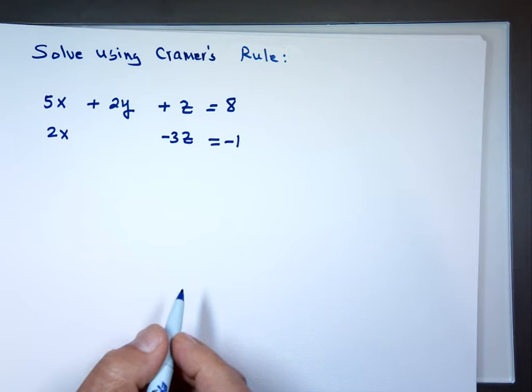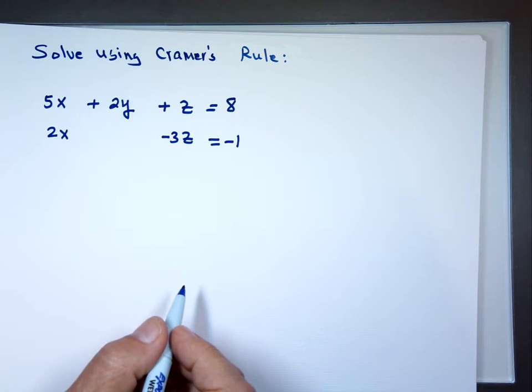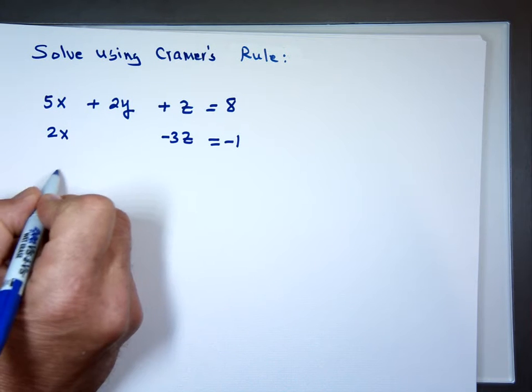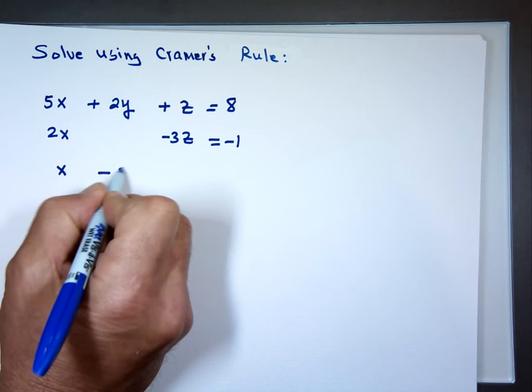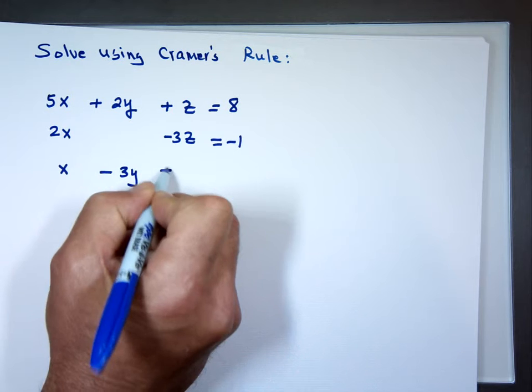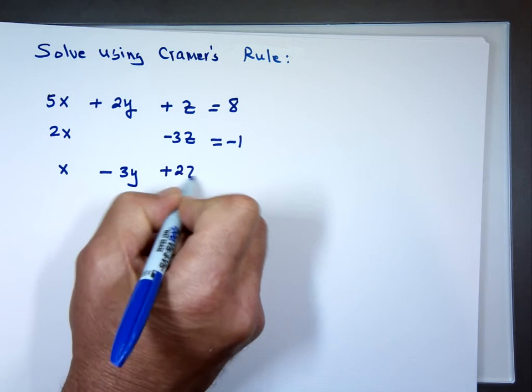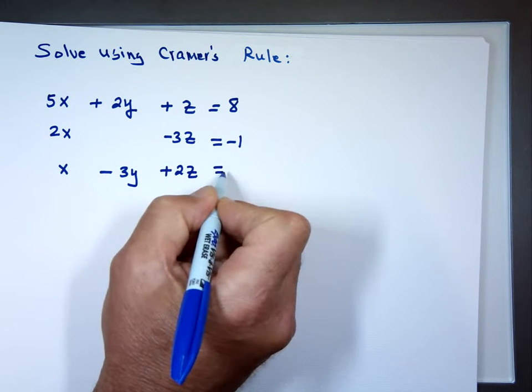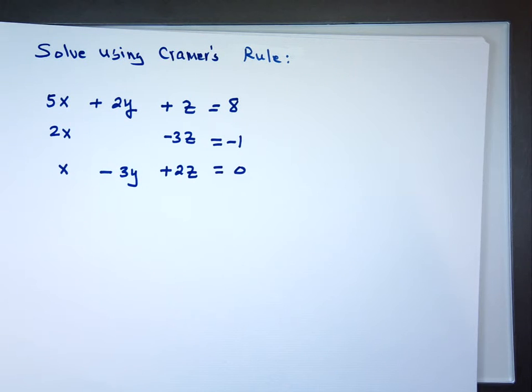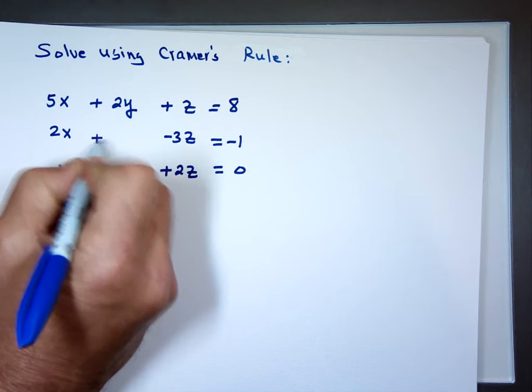I opted not to put a y there. x minus 3y plus 2z equals 0. Notice there's no y in the second one. What I should have done, maybe put what? 0y.